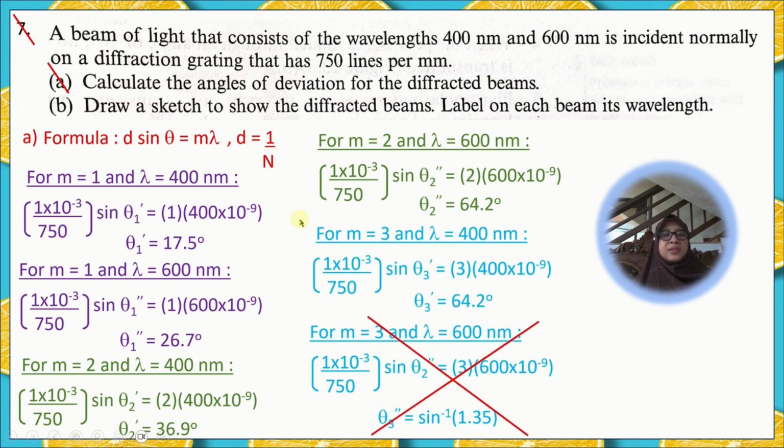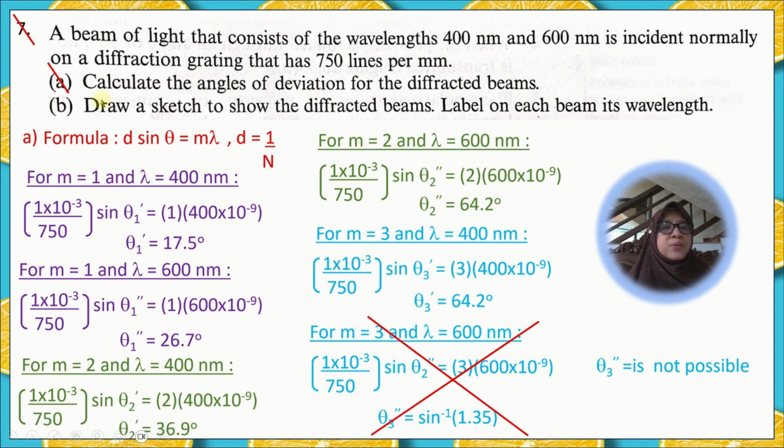So these are all the possible diffracted beams. We can see the patterns on the screen. So theta 3 is not possible for 600 nanometer. This is all the angles of diffraction for the diffracted beams.